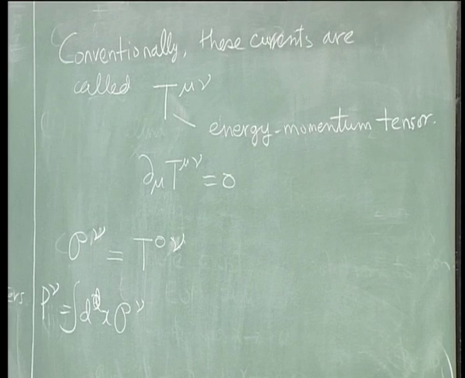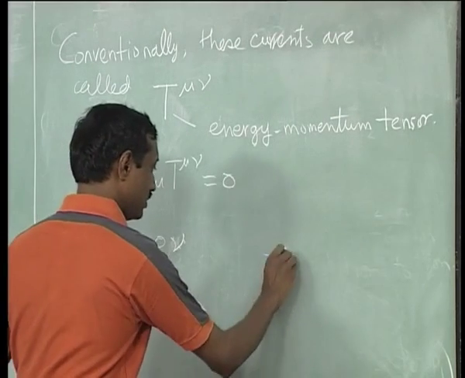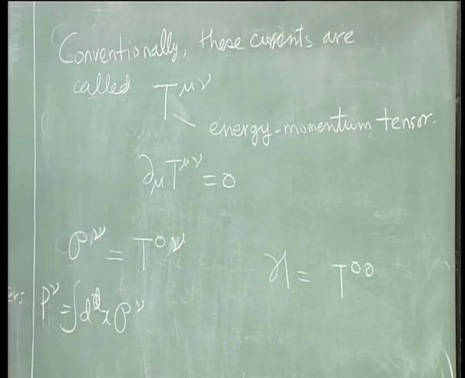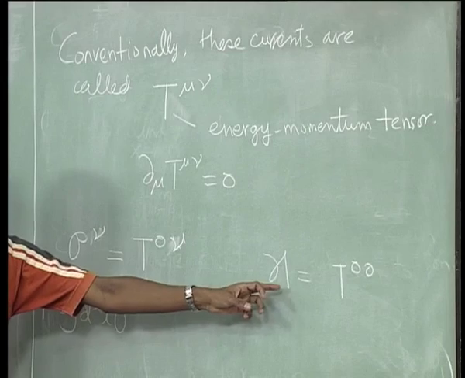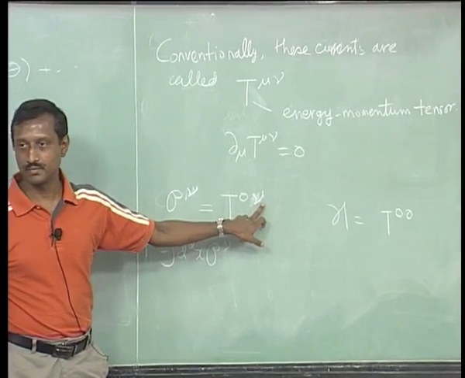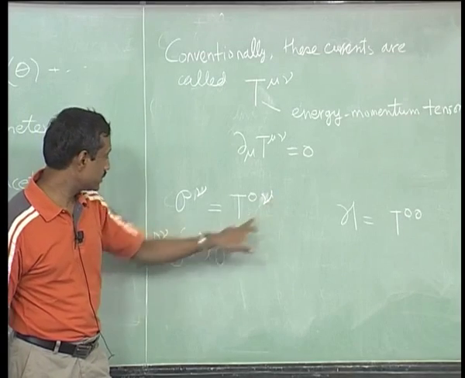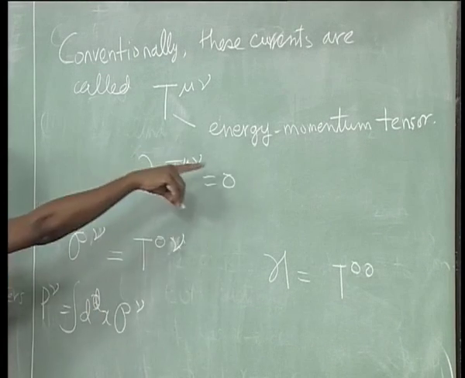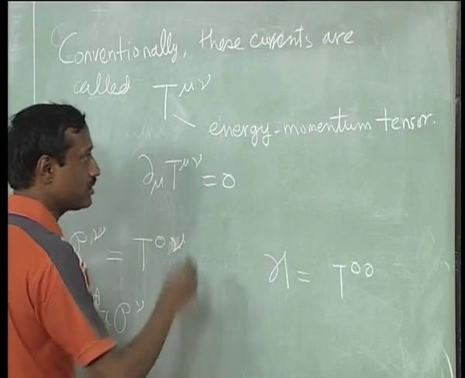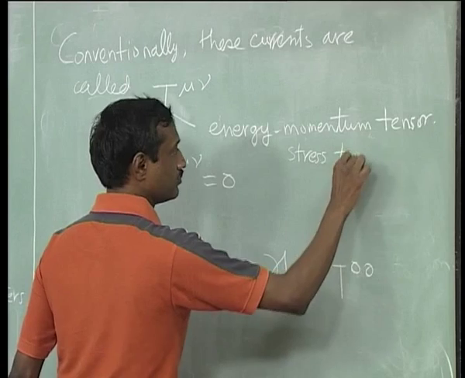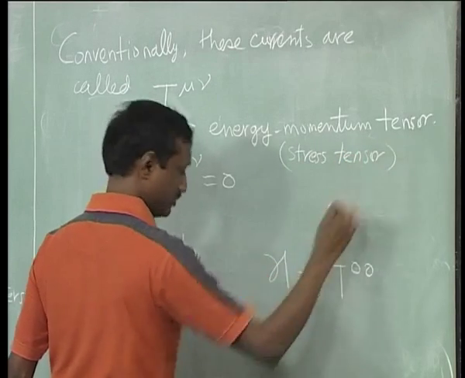So what I wrote as H is nothing but T 0 0, because it is the thing associated with the parameter for time translation. Spatial translations would just be the other components. That is why this is called the energy momentum tensor, sometimes also called the stress tensor. This is from continuum mechanics.